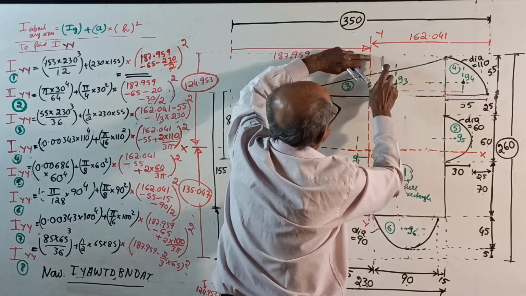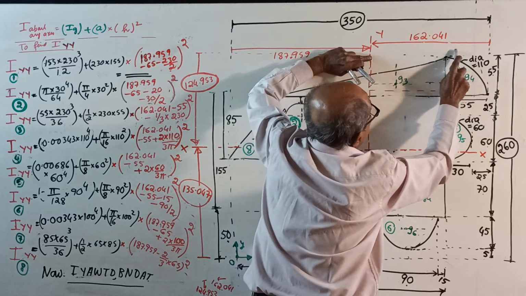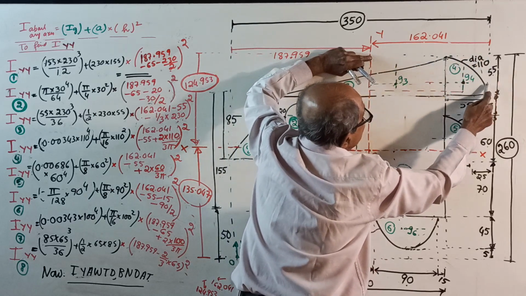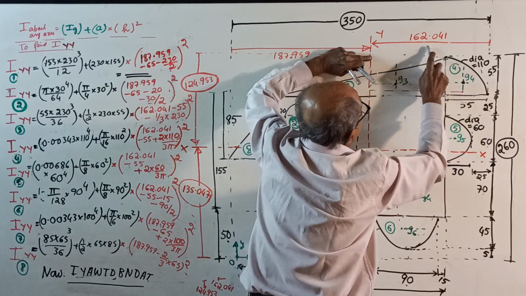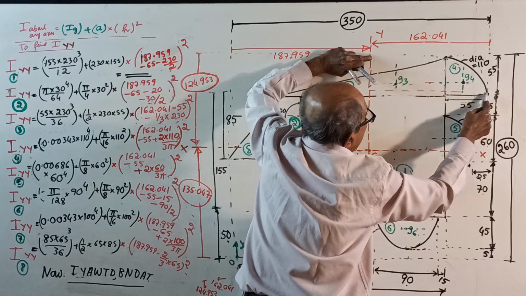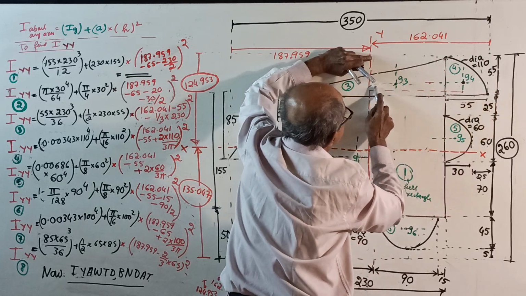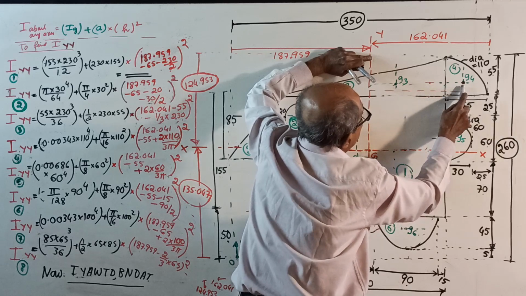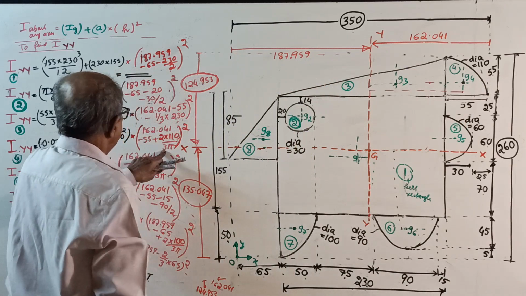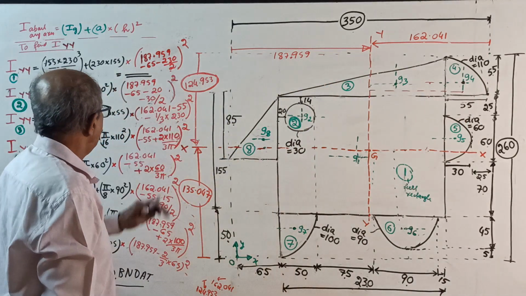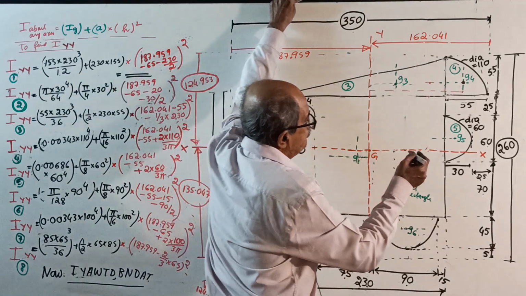This distance square is 162.041 minus this distance, that is the problem. Or you can do one thing: 162.041 minus 55 will give you this distance, plus 2d by 3 pi. 2 into 110 divided by 3 pi plus. Okay, whole square.